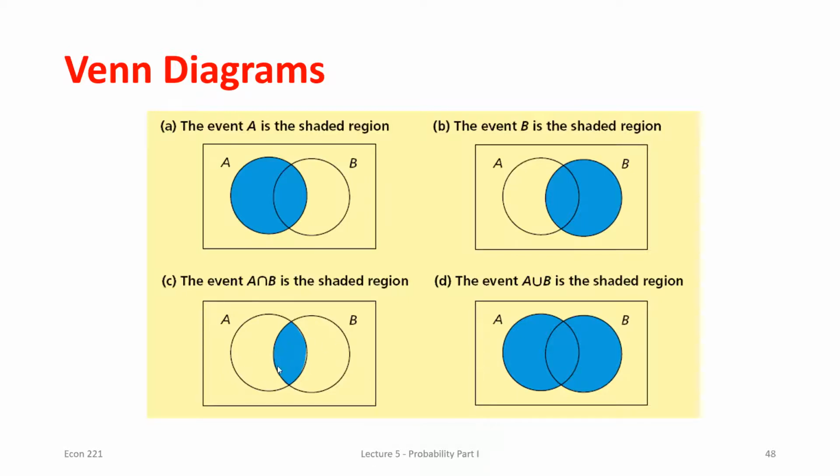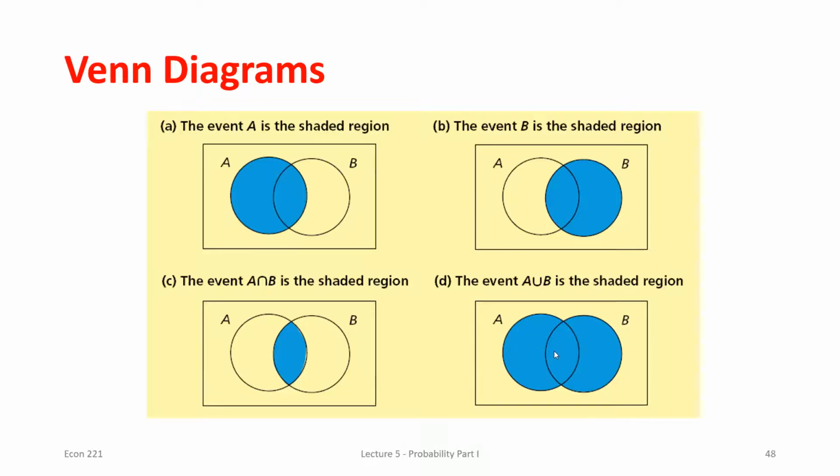All the experimental outcomes that are in both A and B are going to be where those two circles overlap, okay? The union of those two events, or A or B, is going to be any outcome that's in A, any outcome that's in B, or it could be in both of them. So notice the intersection is actually a part of the union, right? Because the union is just, am I in A or am I in B?